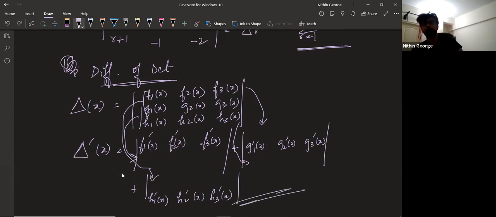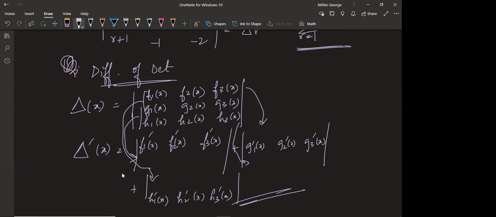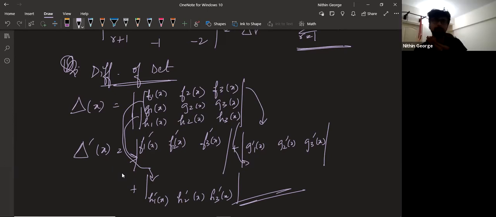Okay, this is what I get for delta dash x. Do you understand what we do? We split it into 3 parts where we differentiate each row separately, keeping the rest as it was. Clear to you? Yes, sir. It's as simple as that. That's all. Yeah.